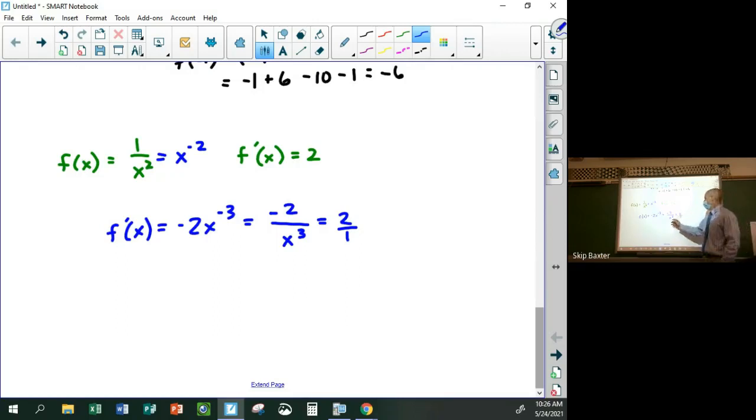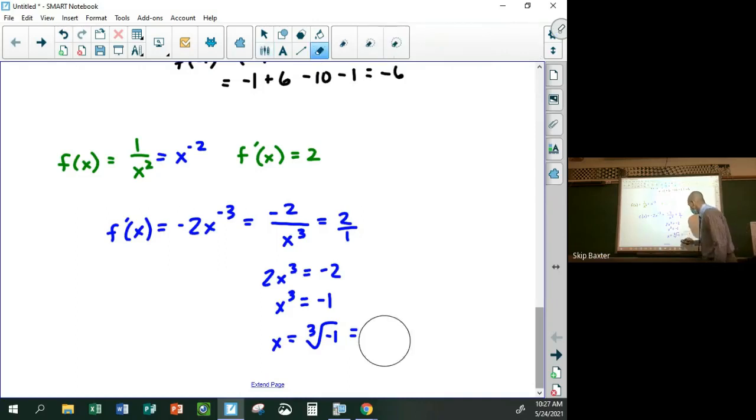Cross multiply, so you get 2x cubed equals negative 2. Then what? Divide by 2. Deceptively easy. This isn't that hard, right? It's a pretty easy equation to solve, I think. Then what? Cube root. So x is the cube root of negative 1. What's that? Negative 1.